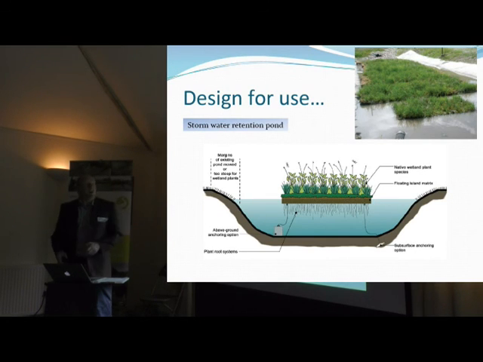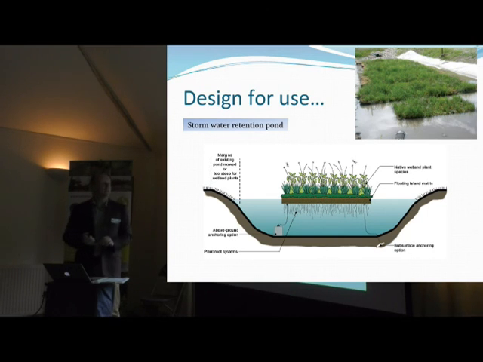Okay, so really there's a lot of flexibility in the way that these floating treatment systems function. For example, if you've got a stormwater retention pond, these are generally catching runoff from roads, and so you've got a lot of metals. What ideally you want then is to precipitate the metals so they sink to the bottom.